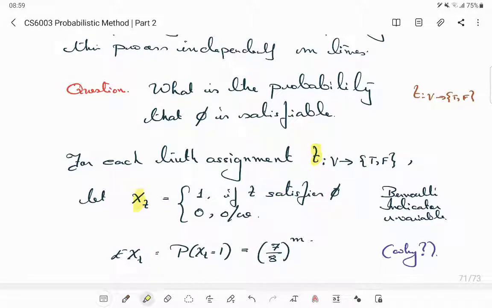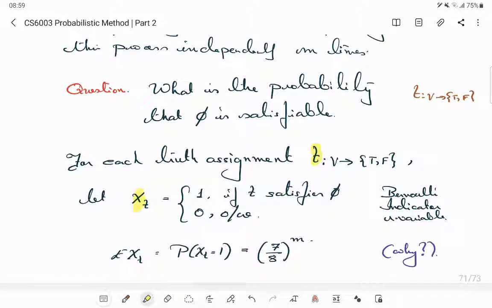The randomness is associated with the selection of phi, the choice of phi. So for this xt to be 1, each of the m clauses has to be satisfied because it's an AND of clauses. But for each clause to be satisfied, among the 3 literals, even if 1 is true, it is satisfied. Okay, so which means there is 7/8 probability of one clause being satisfied.